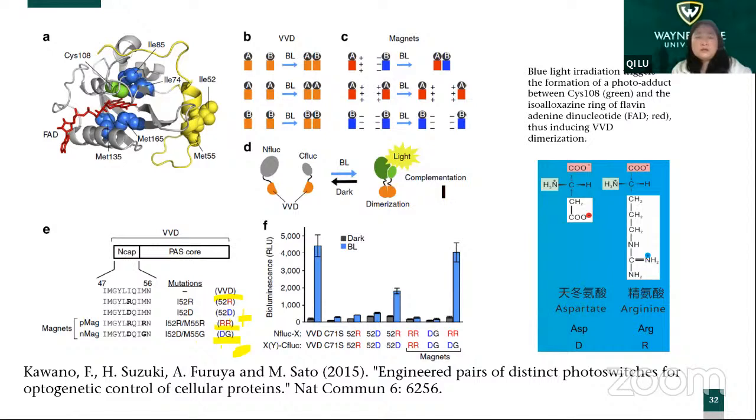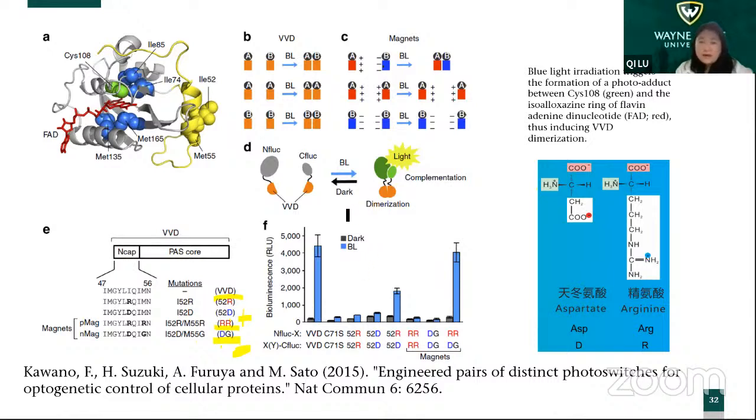After shedding light, there is a conformation change, and the positive charge and negative charge can more easily approach each other to form a dimer. However, the same RR or the same DG, because they have the same charge, will not form a dimer after blue light or not. I think this is quite interesting.